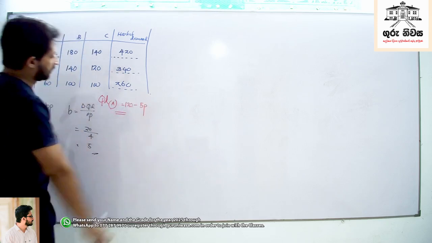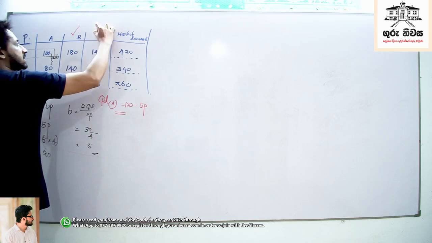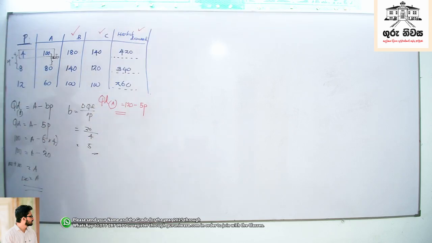Right. Now I want you to calculate the demand equation for person B, person C, and the market. Clear? I'll give you 5 minutes. I have already derived the demand equation for person A.